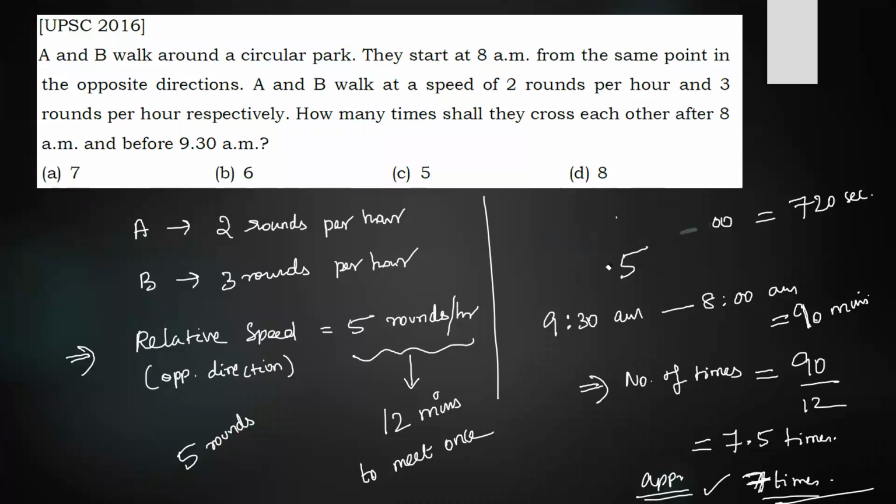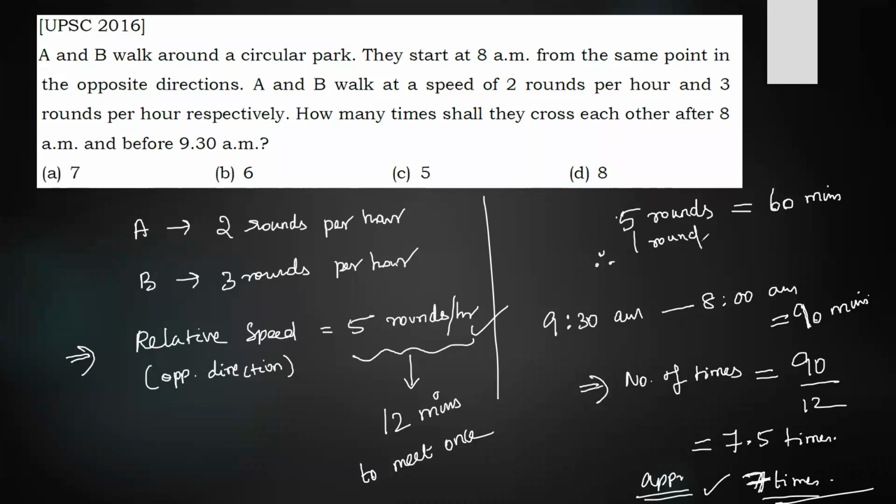Is it clear? So finding the relative speed: they're moving in opposite direction, so 2 plus 3, 5 rounds per hour. If you're not comfortable with this point, leave it.